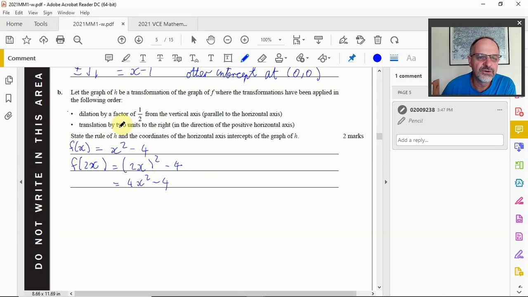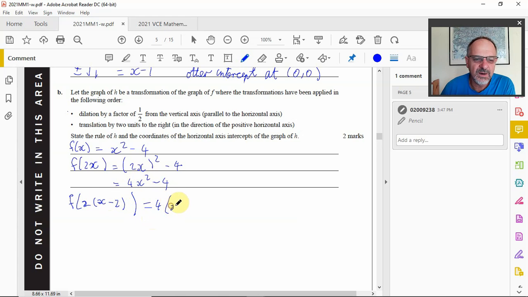And now after we've done that, we do a translation of 2 units to the right. So to the right, again, we're changing the x. And moving it to the right is a minus. And so over here, we're going to change this x.